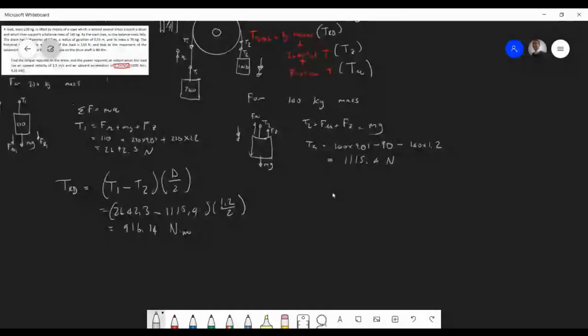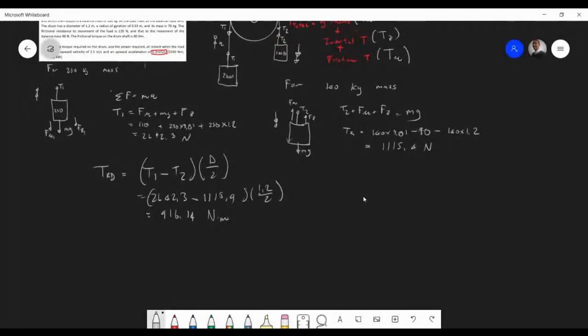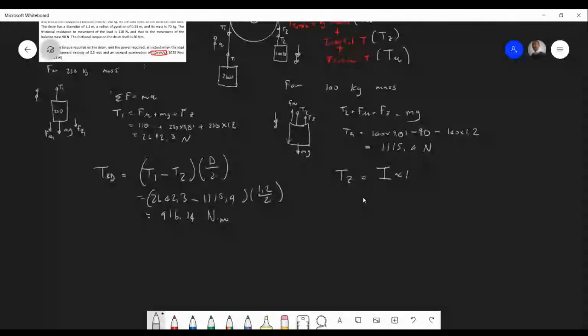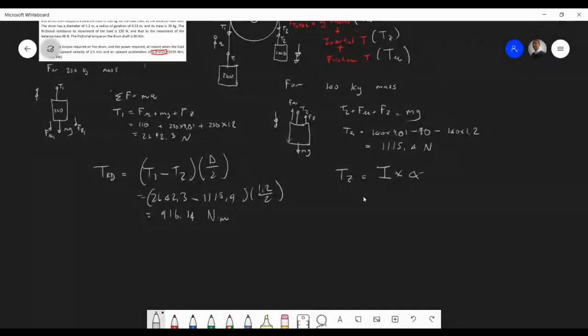The next part, like I said, we have to do the inertial component, and we can call that TZ. And TZ is fairly simple. That's just going to be IZ, or I of the drum, times alpha. I'm sorry, not K squared, I times angular acceleration. Very important relationship you've learned.